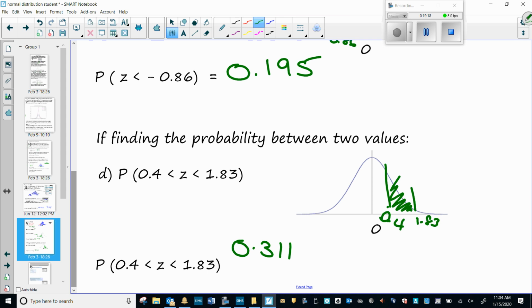So in the past, often the way that the calculators were set up is that you would have had to find the probability of the 1.83, the probability of the 0.4, and subtract one from the other. But now you don't need to do that. You've literally got your lower bound, your upper bound, and you're good to go.